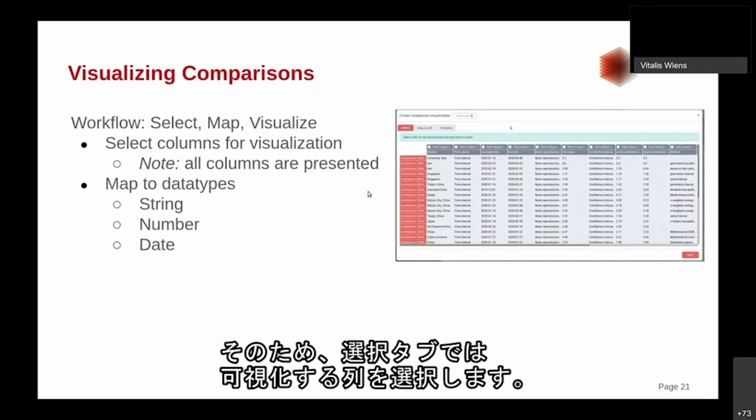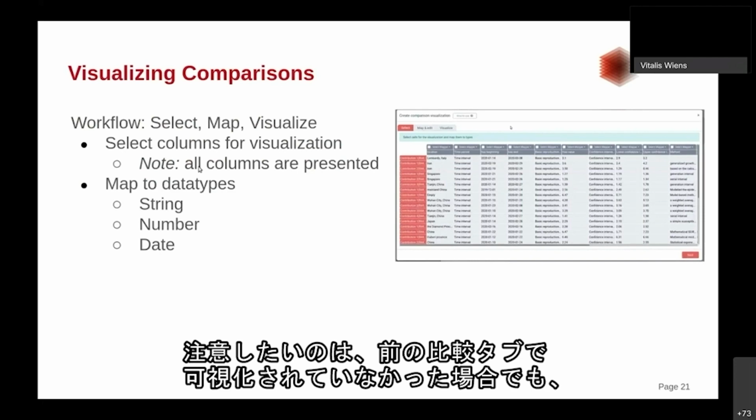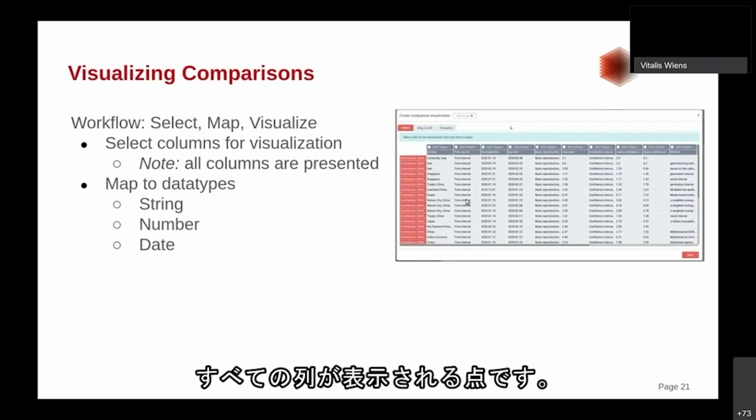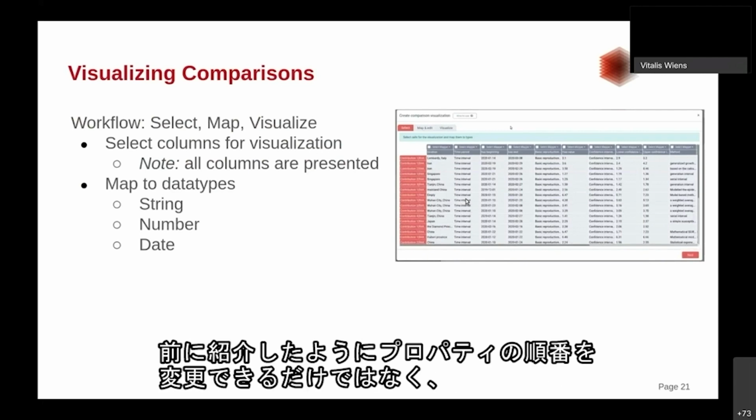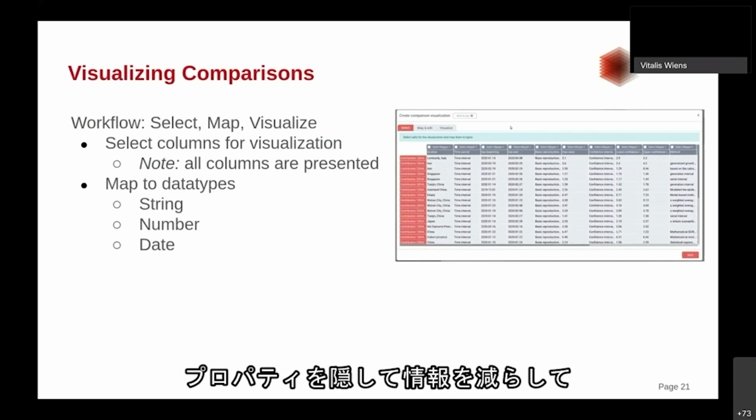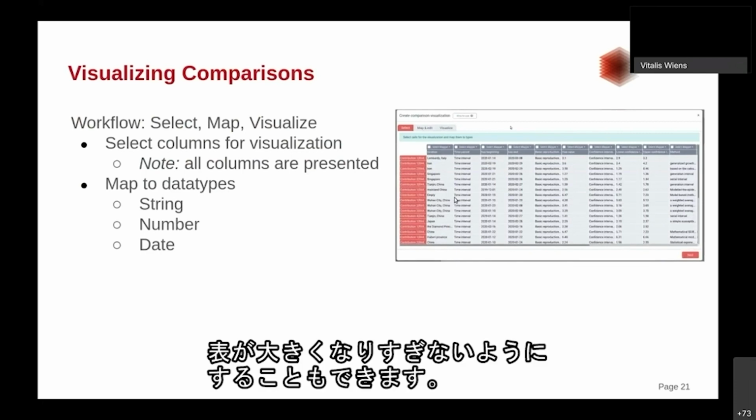And for this, in the selection tab, we select columns for the visualization. And here's one note that we display all the columns, even if they have not been visualized in the previous tab of the comparison, because as we saw before, you can rearrange the order of the properties, but you can also hide them in order simply to reduce some of the information in order not to create a very big table.